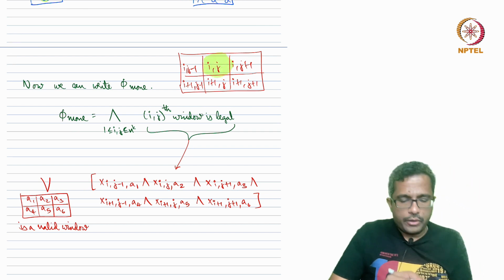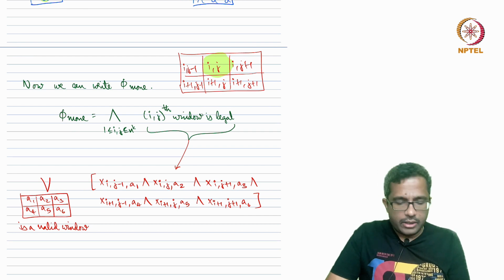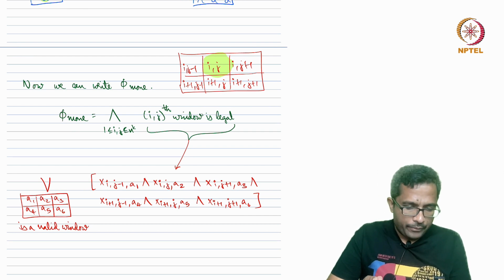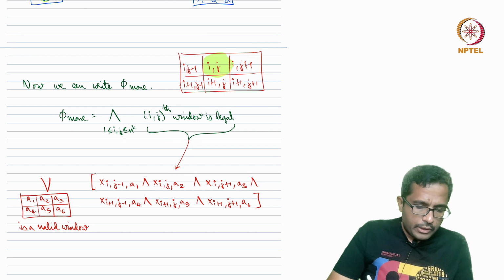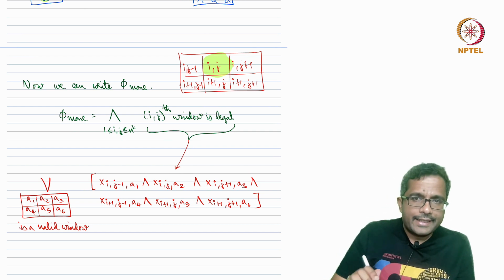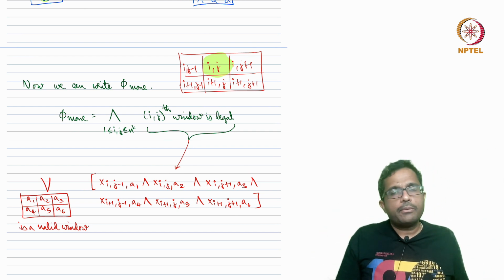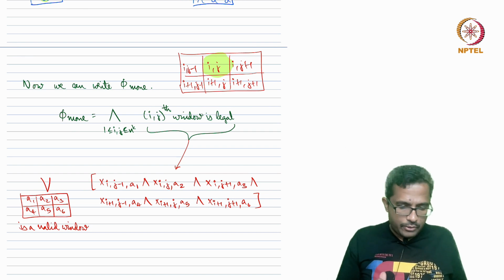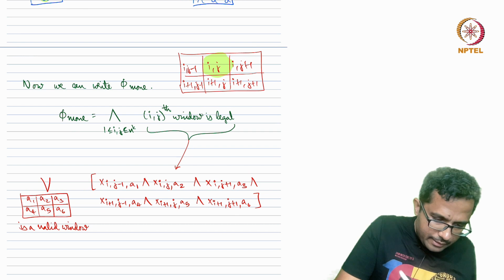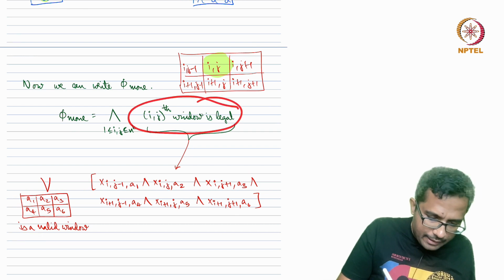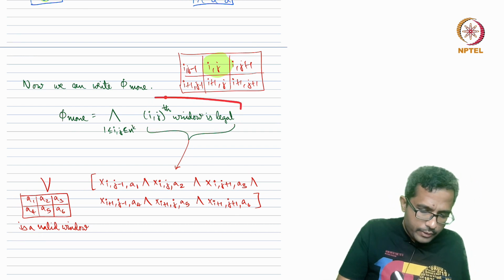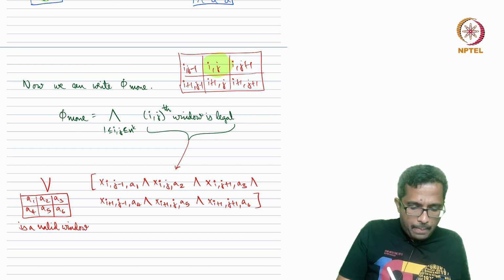So we want to check that all the windows are legal. What I mean is, we look at all the windows and check whether each window is a legal window by exhaustively going through the list of valid windows. How do we check it is legal? We know the variables here, right?